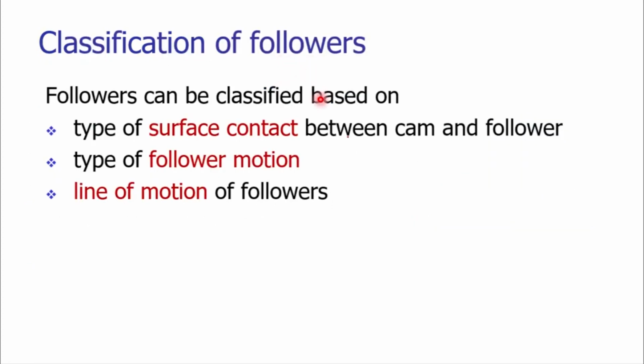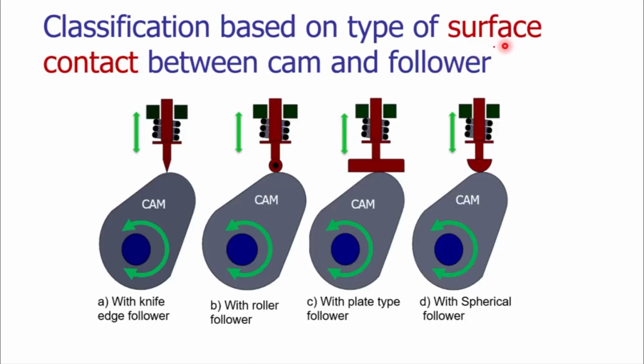The followers can be classified based on the surface of contact between the cam and the follower, or based on the follower motion itself. The third classification is on the line of motion of the followers. The first classification is based upon the surface contact.